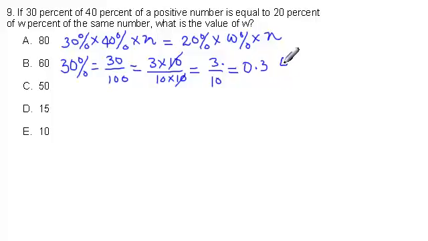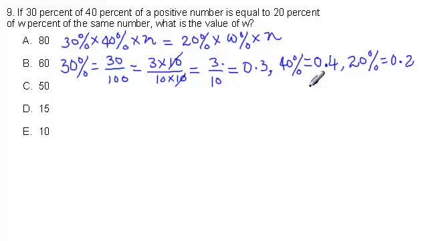Likewise, 40% as a decimal will be written as 0.4, and 20% will be 0.2 as a decimal value.